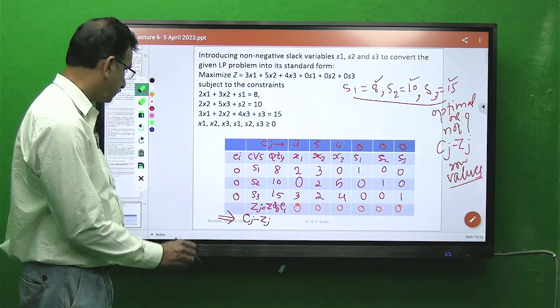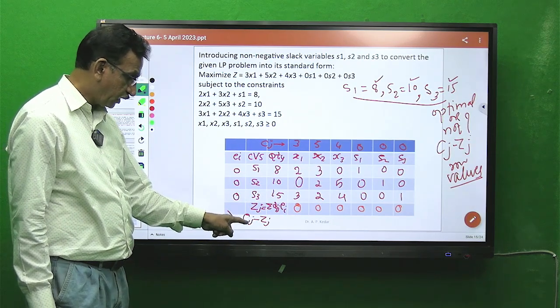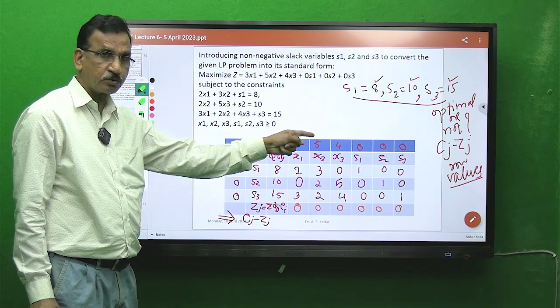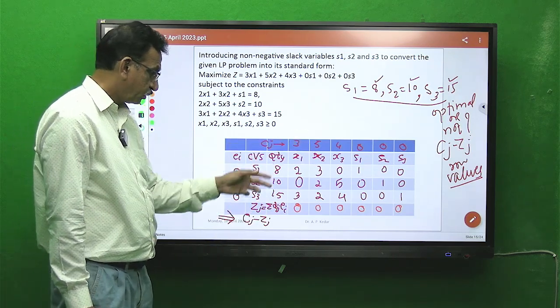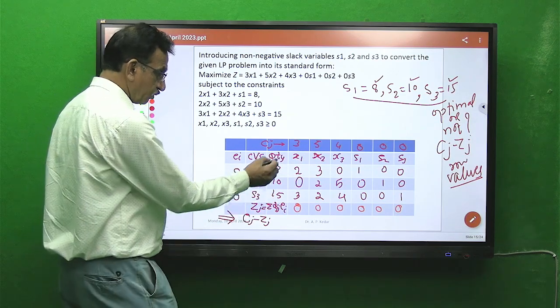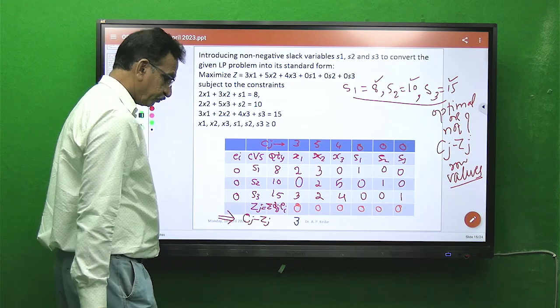Now we'll see how we calculate Cj minus Zj. This is Zj, this is Cj. So simple, the difference of these two values for this x1: 3 minus 0, 3.